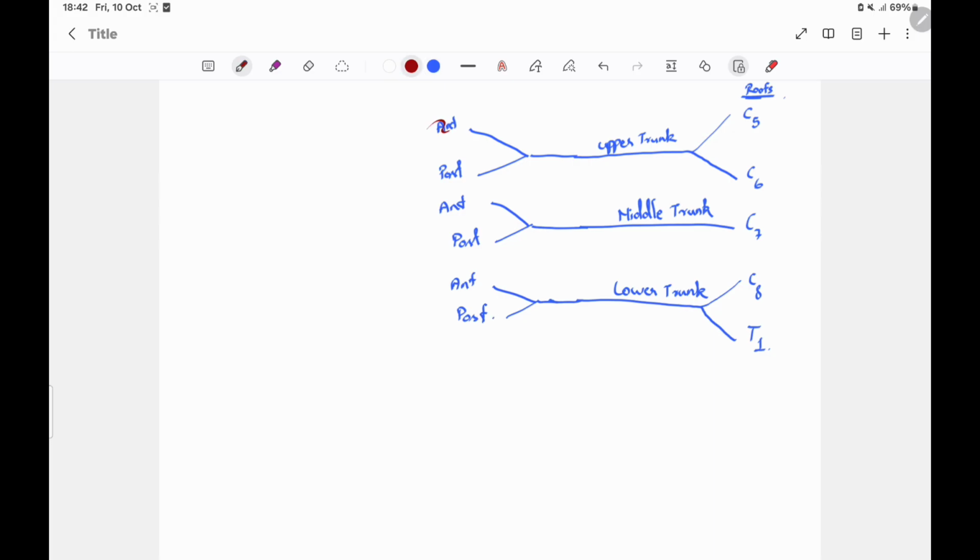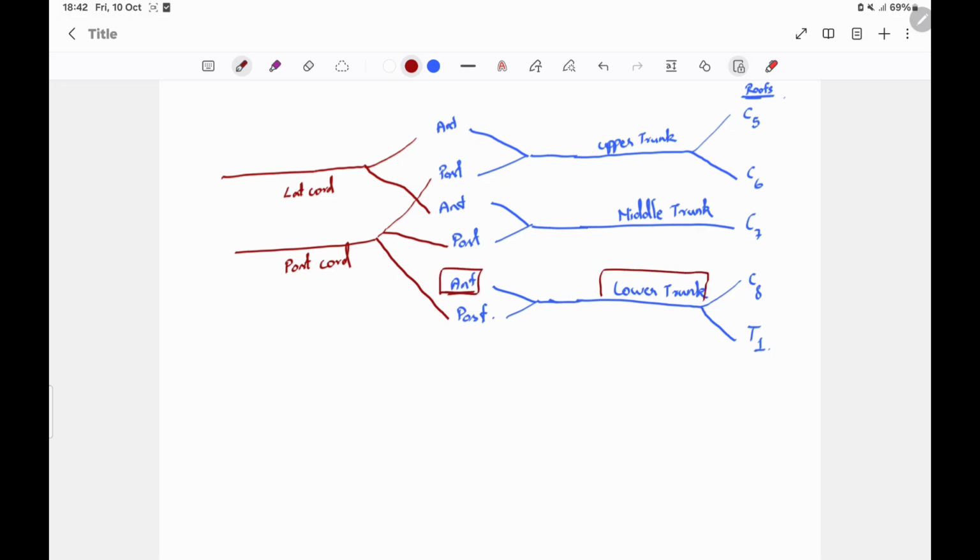The anterior division of the upper and middle trunk combines to form the lateral cord. All posterior divisions combine to form the posterior cord. The anterior division of the lower trunk forms the medial cord.